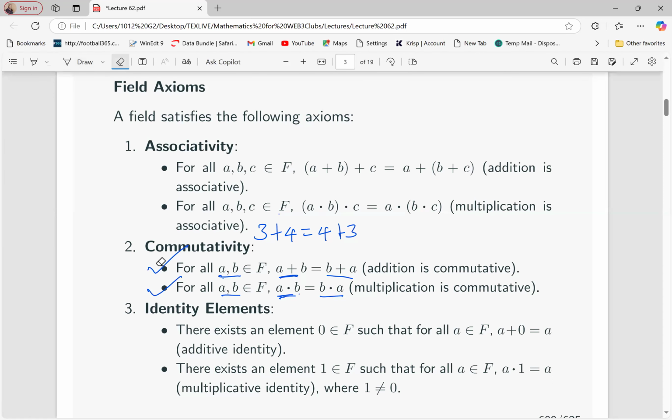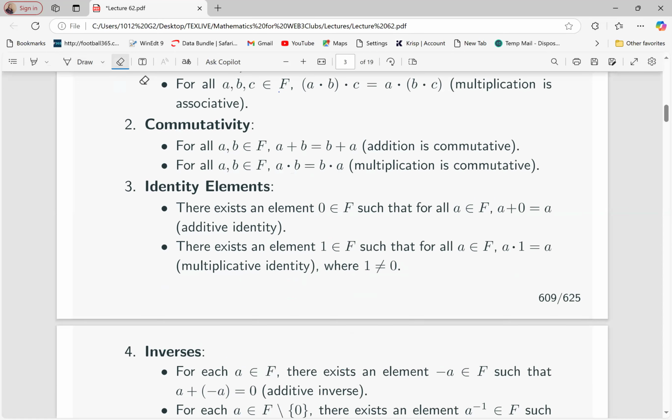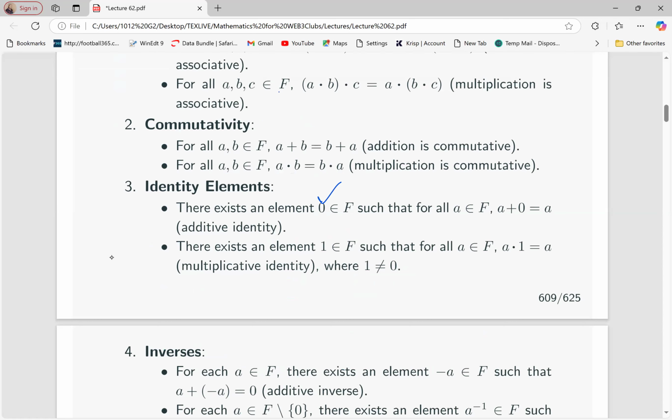And then we have the identity element. We're saying that for F to be a field, it must have both the additive identity and the multiplicative identity elements. The additive identity element is 0, so it must contain 0. And it must also contain the multiplicative identity element, 1.